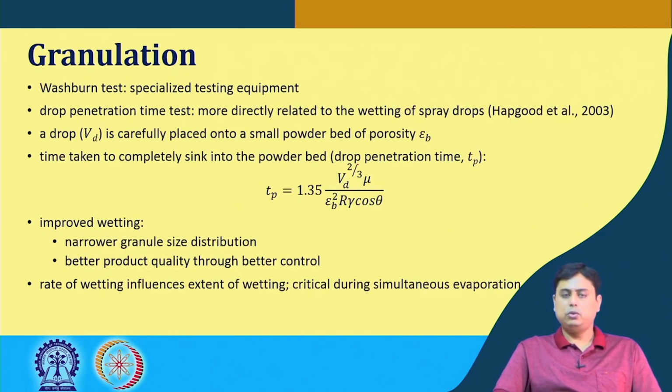As an alternative to this quantitative measurement, there is a test called the drop penetration time test, where a very small droplet of known volume is gently placed onto a small powder bed of known porosity, and this method directly relates to the wetting of the spray drops.